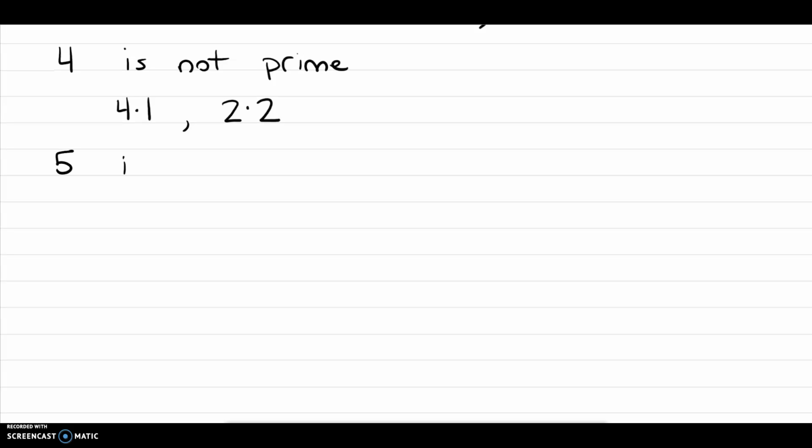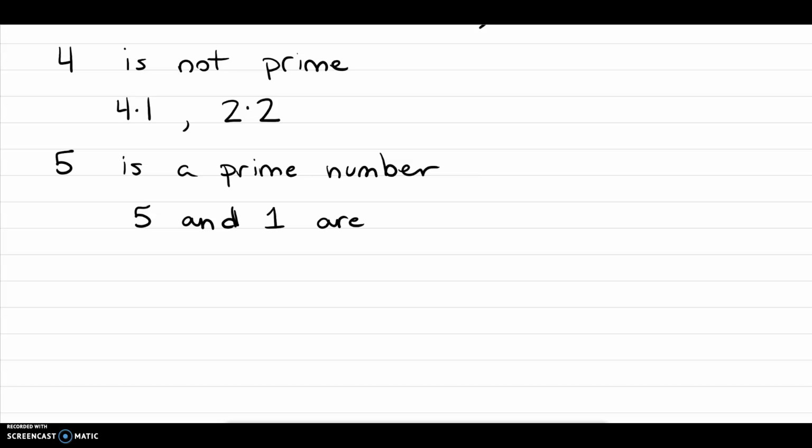Five is a prime number. Because here again, you can only do 5 and 1 to multiply together to get 5. They are the only factors. There are lots more prime numbers, and we'll talk about how we can find those and do a little bit of investigation. But I also wanted to describe a different type of number as well.